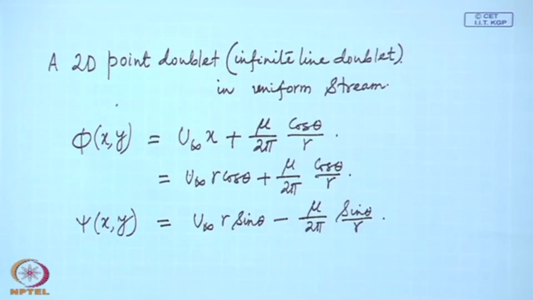So, that we have only the velocity components u and v. What are u and v? Or r, theta.